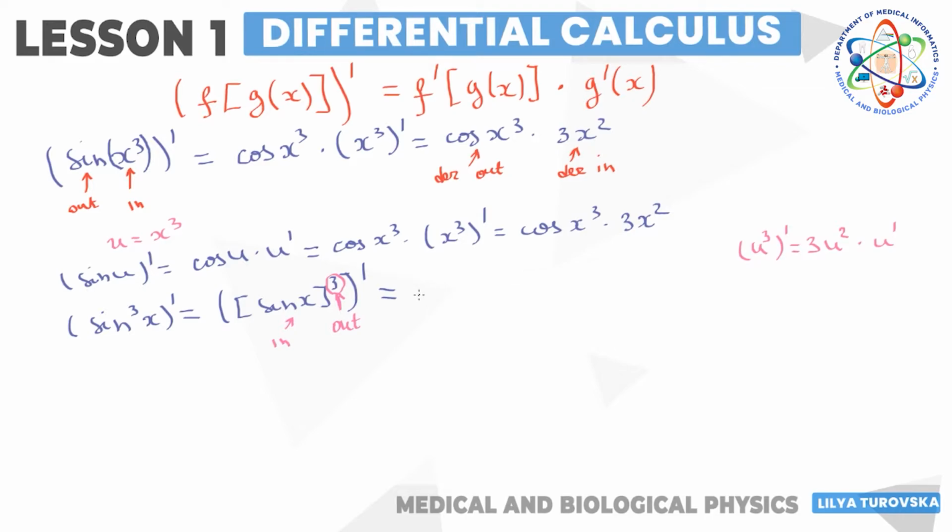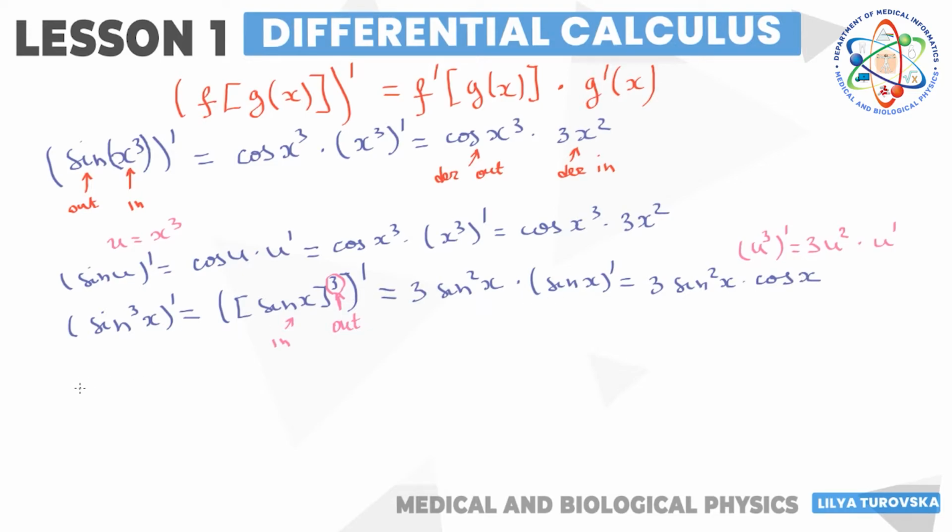So according to our rule, we get 3 sine squared x and multiply by the derivative of the inside function. The derivative of sine is cosine, so we get 3 sine squared x times cosine x.